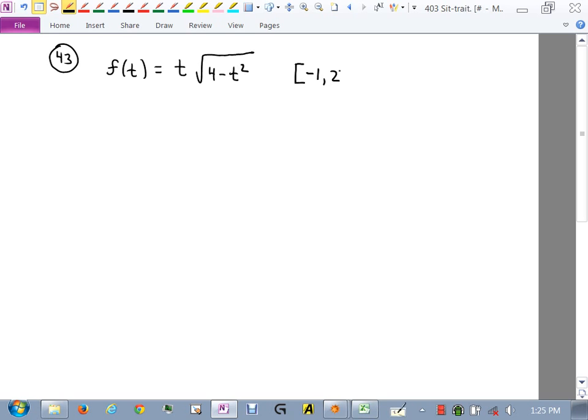What you have is a function on a closed interval, right? It says, find the absolute maximum and minimum of this function on this closed interval. So there are some things we have to look at first before you can get started. To find the absolute maximum and minimum value of a function on a closed interval, you have to have certain conditions be met.